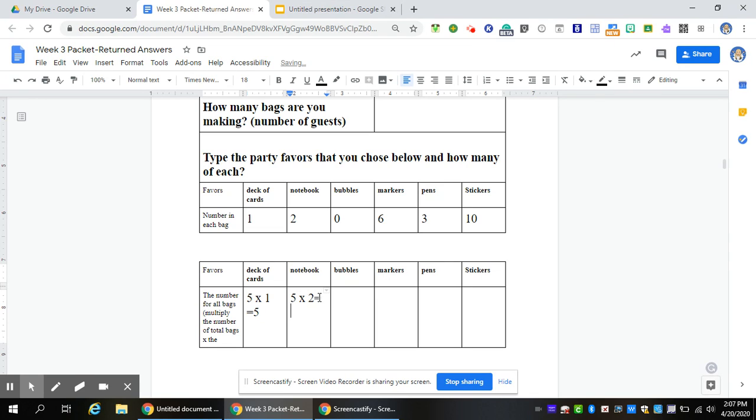That is 10 notebooks altogether. 5 bags times 0 bubbles is 0 bubbles altogether. 5 bags times 6 markers in each bag is 30 markers altogether. 5 bags times 3 pens equals 15. I think you're getting the picture. And then 5 bags times 10 stickers in each equals 50 stickers altogether. And that's all they have to do for that activity.